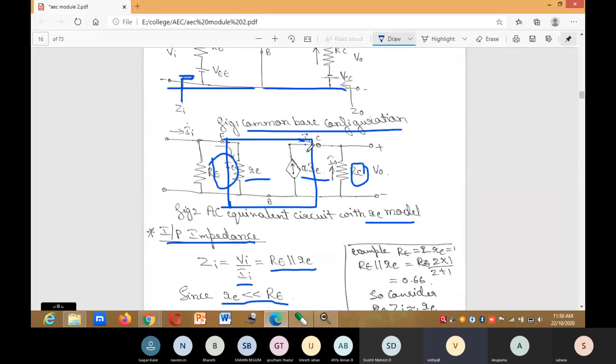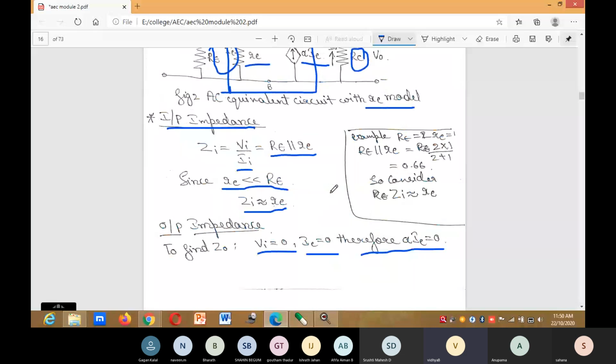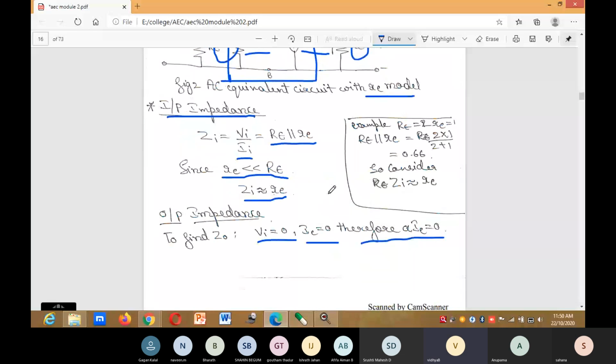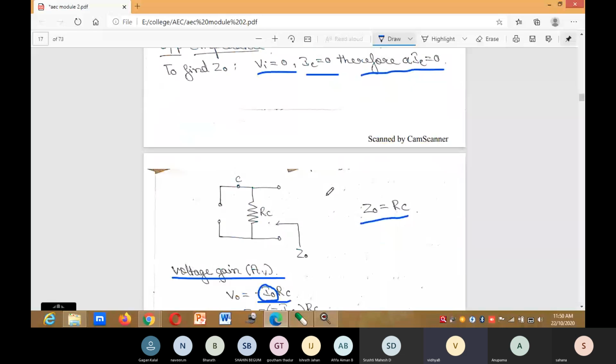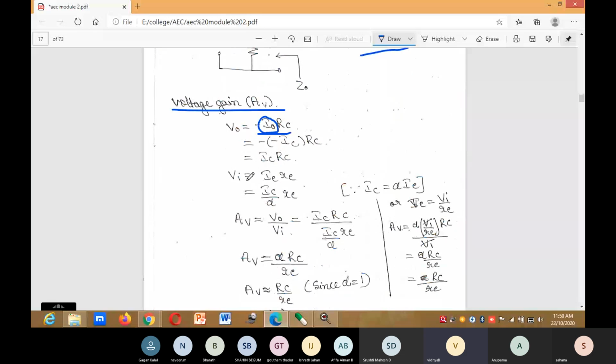You can observe the figure here: this output I0 can be written as minus IC, since this direction is opposite to that. So minus IC into RC. Minus into minus, you get plus IC RC. VI is equal to IE re.